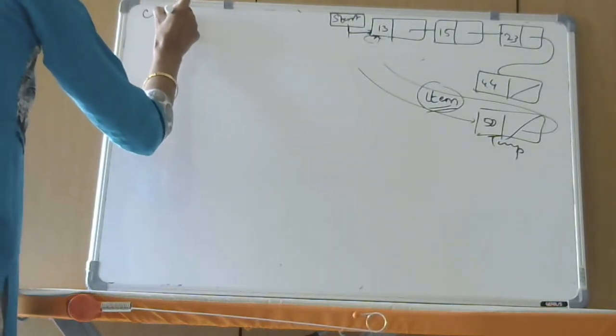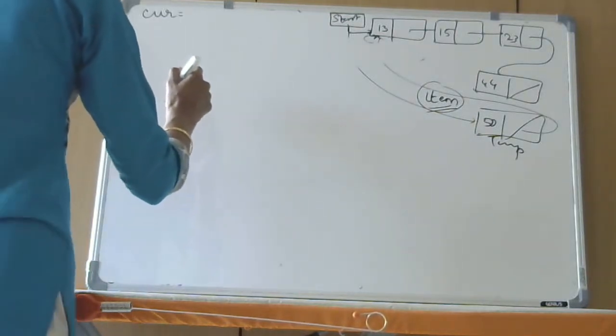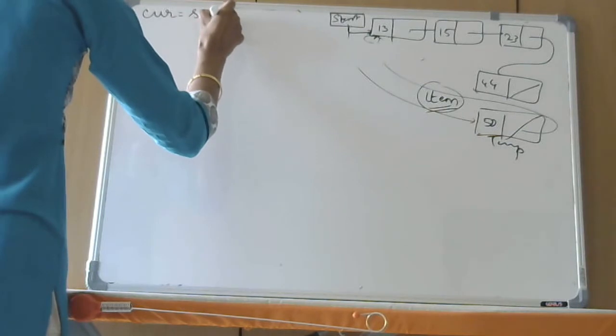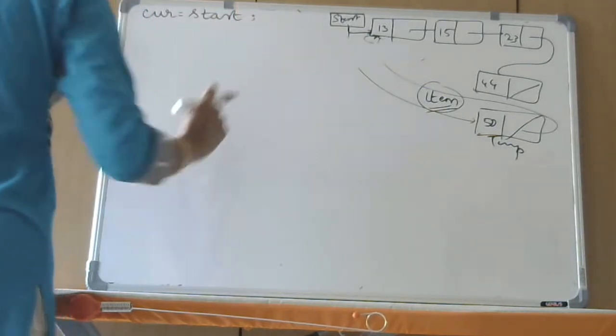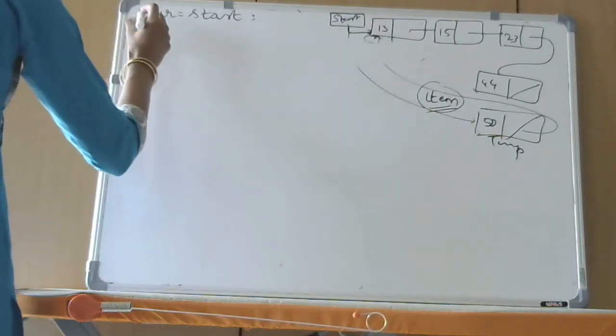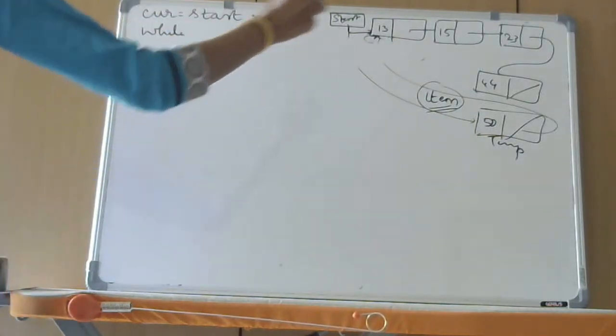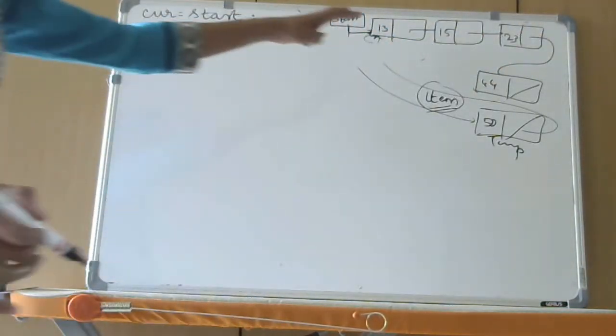Next, I will now use these two pointers. We have defined two pointers, previous and current. Correct? Now let me use that. So current is equal to start. Now, suppose I want to insert before 23. I have to traverse up to that, is it not?